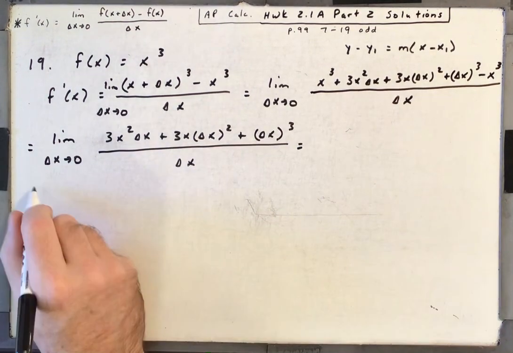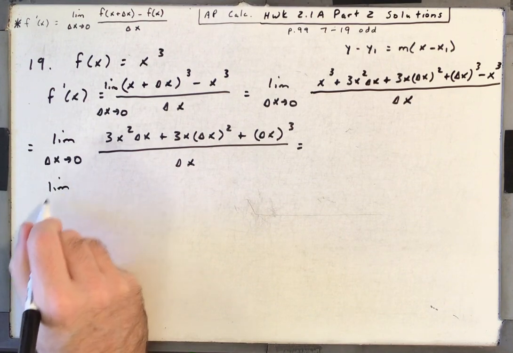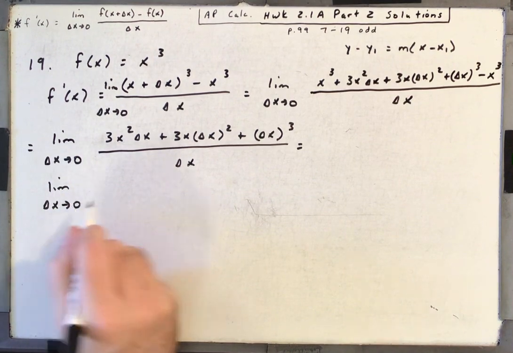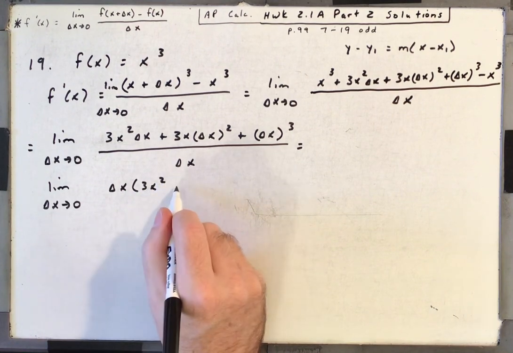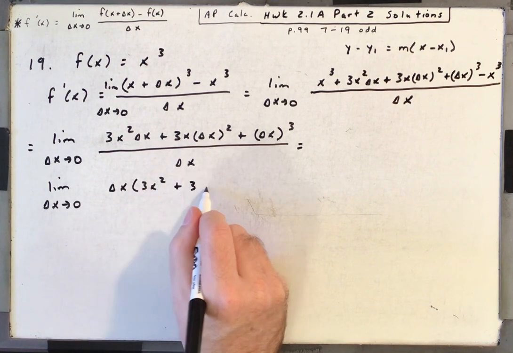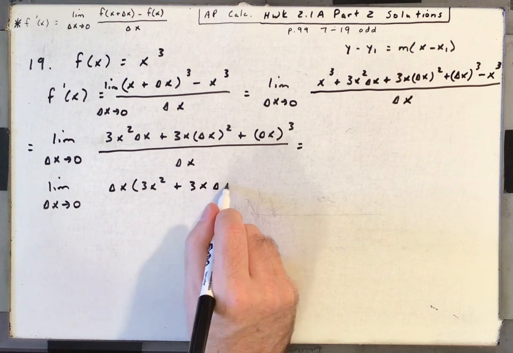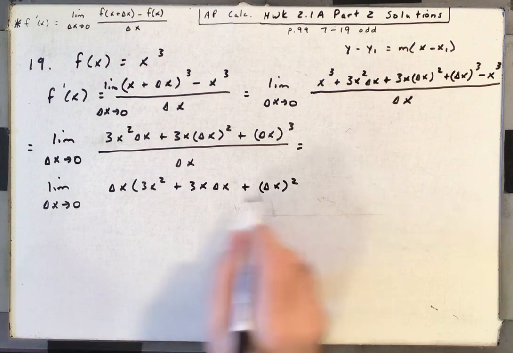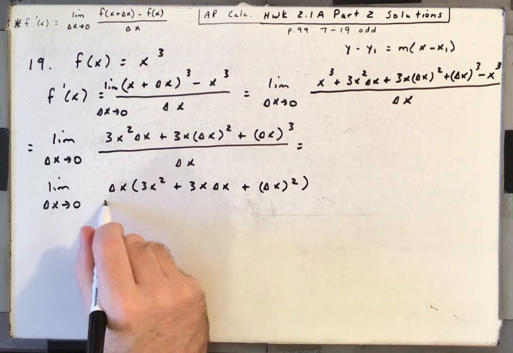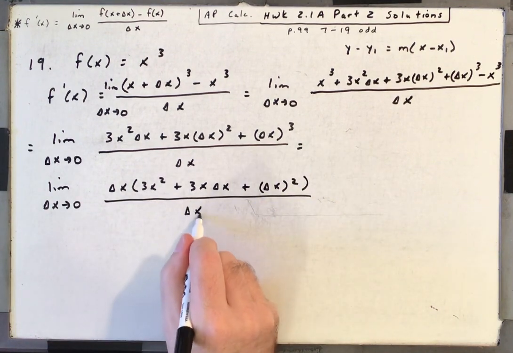Let's factor a delta x out of the top. So we have delta x times 3x squared plus 3x delta x plus delta x all squared, over delta x.